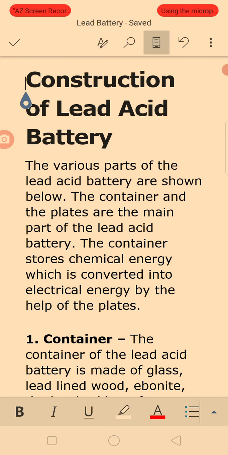These two terminals of the half cell reactions are present in the lead accumulator in a number of 6 and may be greater than 6. If they are present in 6, each produces 2 volts and the total voltage of the lead accumulator will be 12 volts. Let us discuss the various parts of the lead accumulator battery.